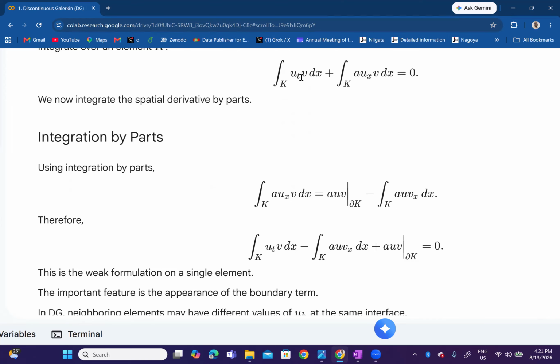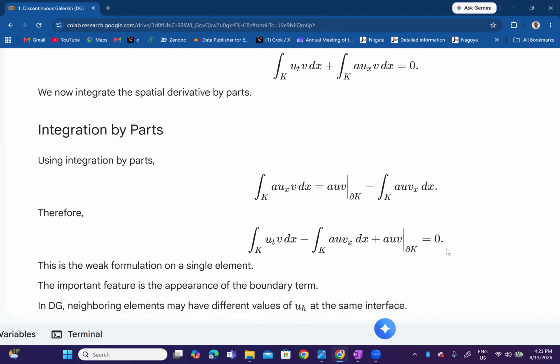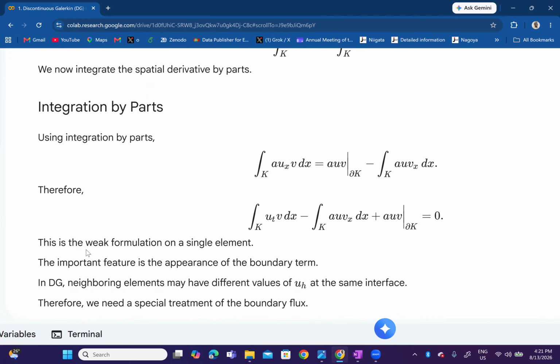So we have the integral over k of u sub t v dx, minus the integral over k of a u v sub x dx, plus a u v evaluated at the boundary of k, and all of that is equal to 0. This is the weak formulation on a single element. The important feature is the appearance of the boundary term.